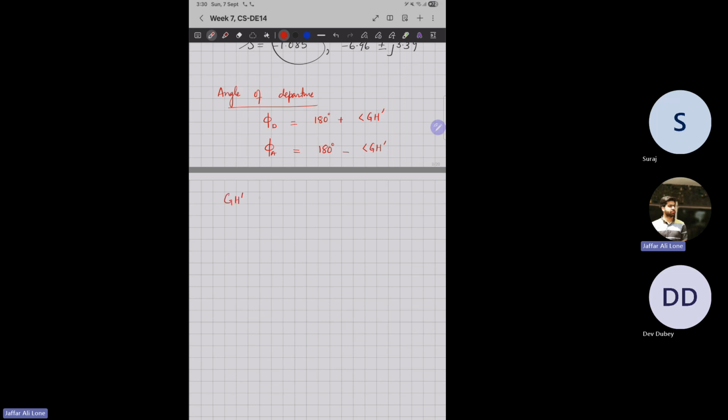GH dash is the transfer function obtained by removing that complex pole or zero, because for angle of arrival we will have a zero at which the angle of departure or arrival is calculated.